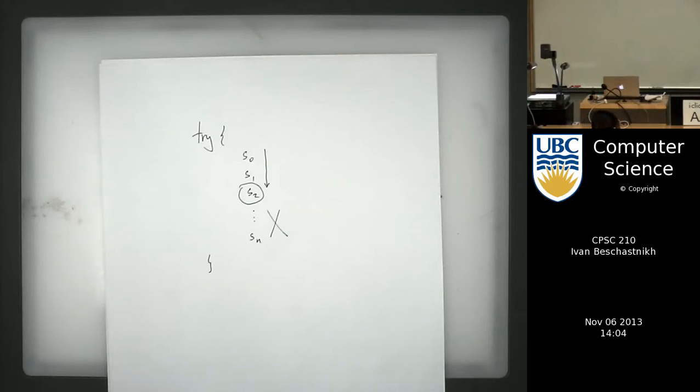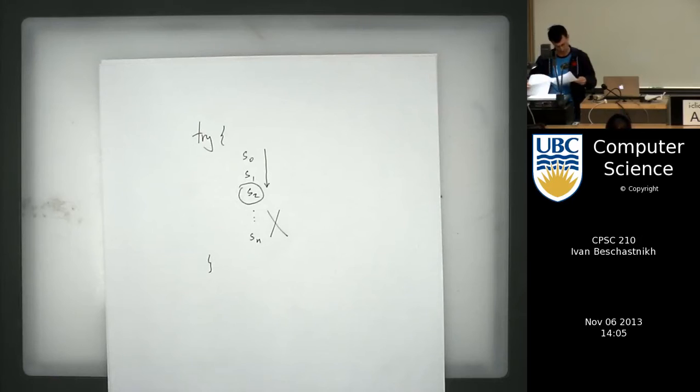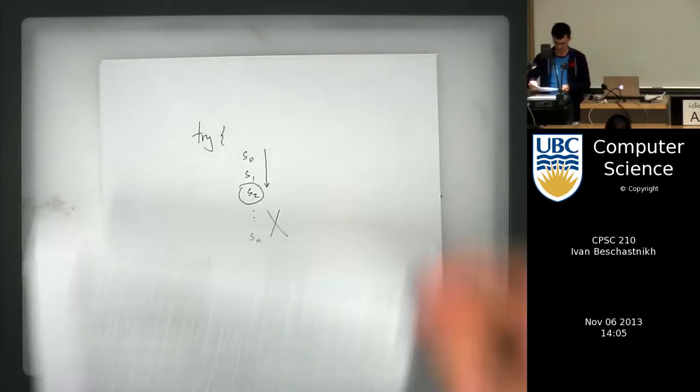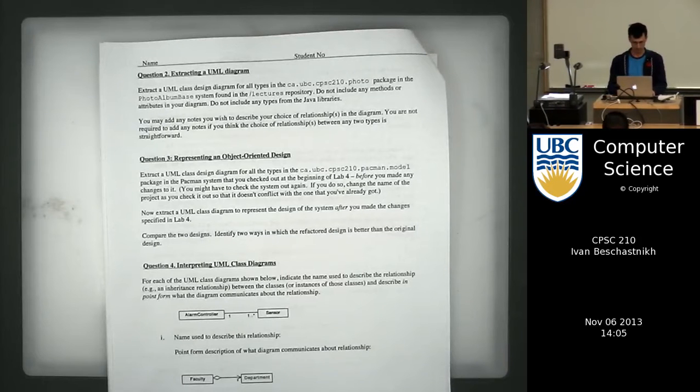Can you go over the question with the task where you got it from? I think it's question 3, extracting UML from Pacman. Is this checked in? I don't think I have it checked out, actually. Which project is it?